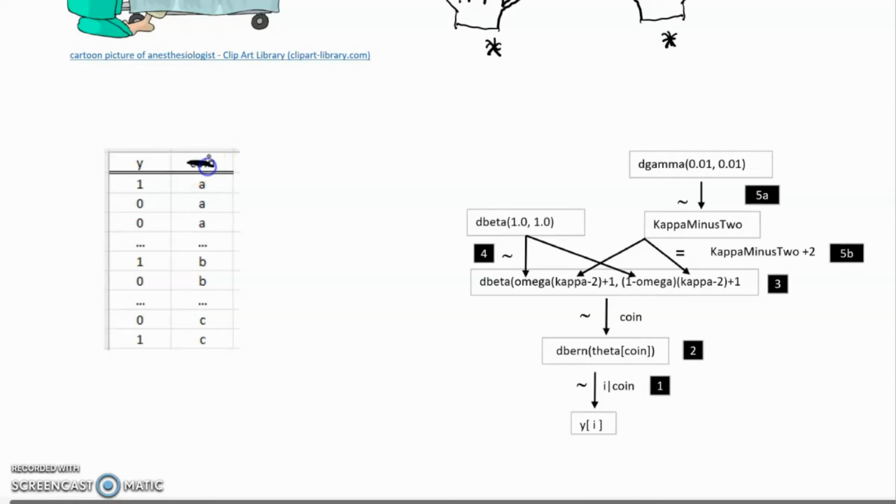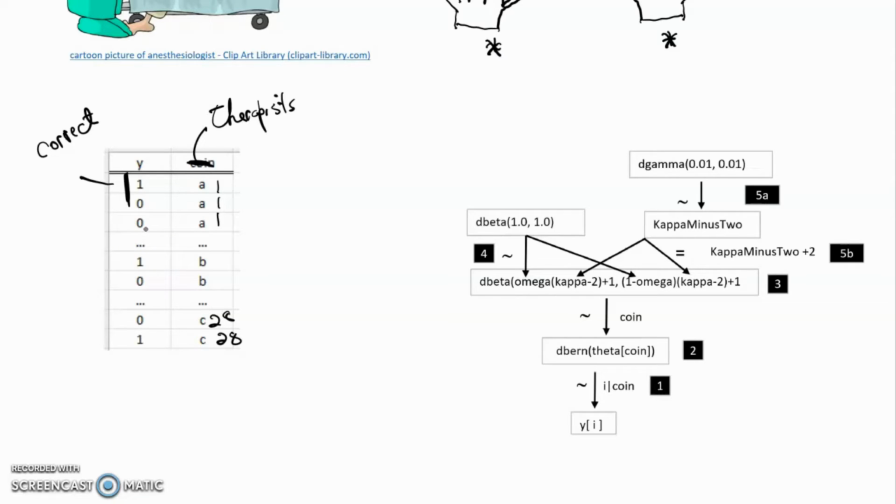Instead of coins, we're going to have therapists. Instead of just 3 coins, we're going to have 28 therapists. And instead of having ones and zeros defined as heads and tails, a 1 is if the therapist is able to correctly identify which hand the scientist's hand was hovering over, 0 if it was incorrect.